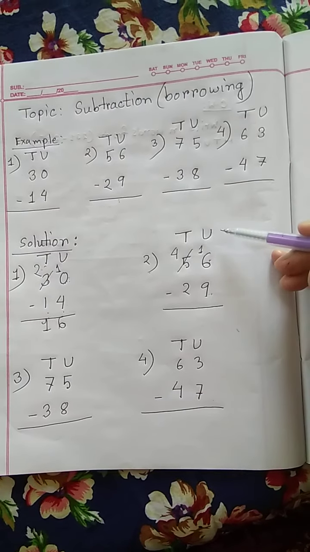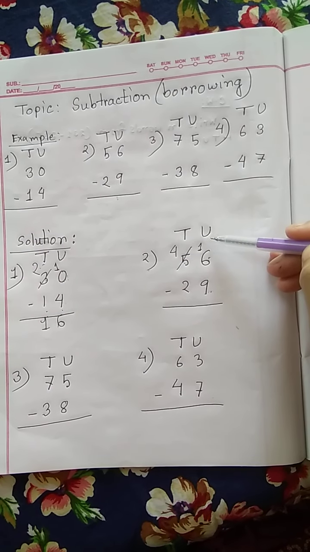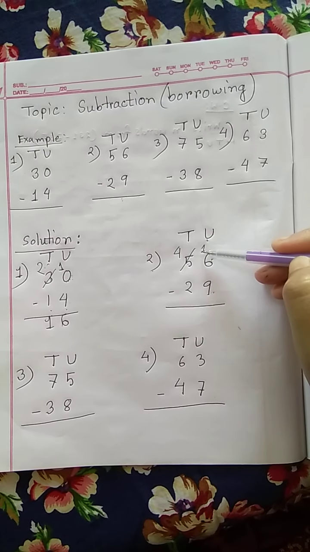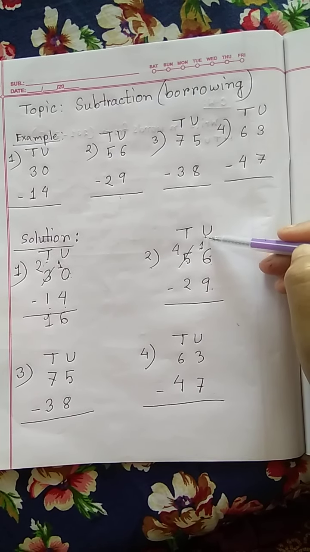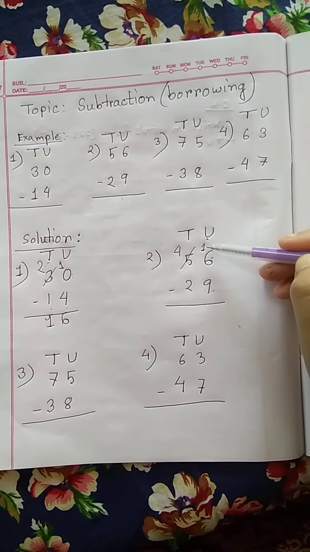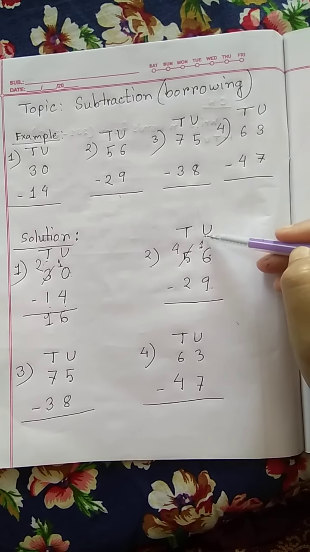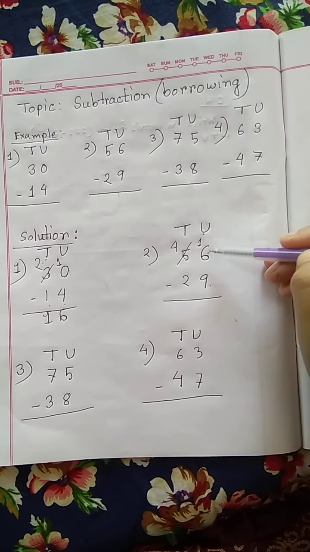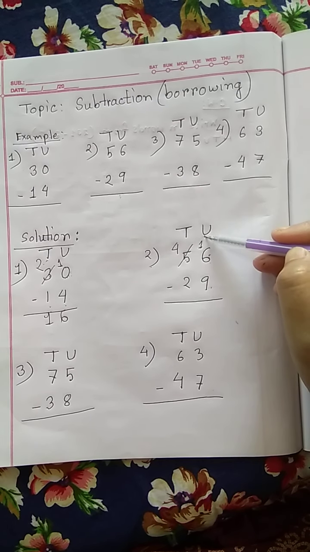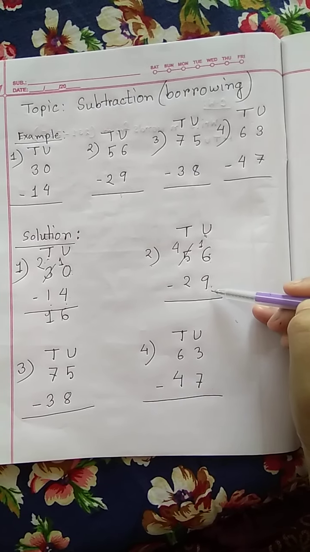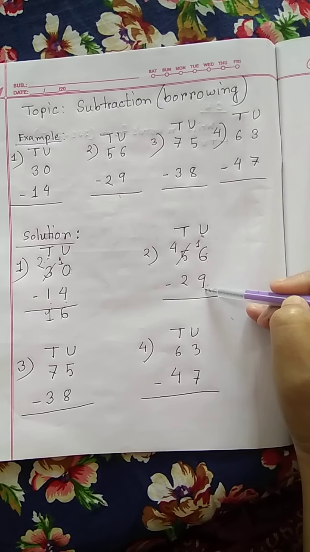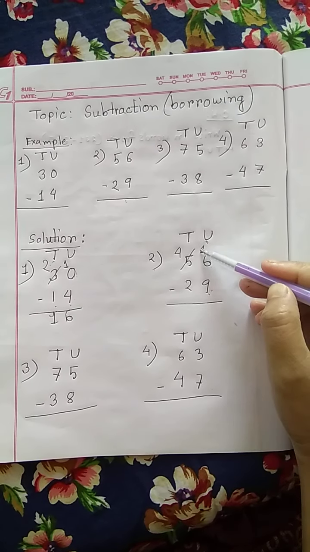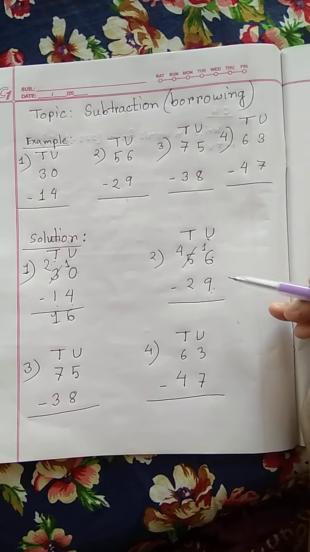Now, in the units part, the upper number is 16. 1 and 6 together make 16. Again I am telling you, 1 and 6 together make 16. And here is 9. So we have to subtract 9 from 16.